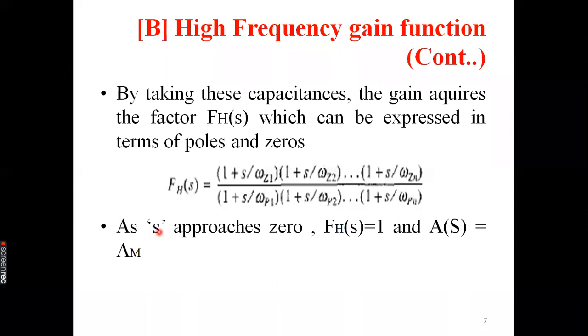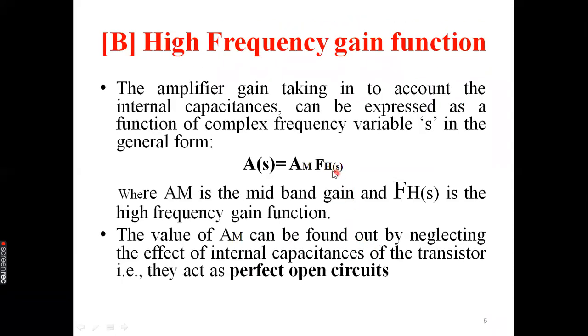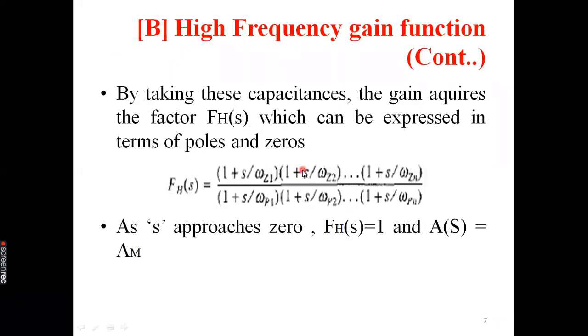So S is 0 means frequency F is equal to 0. For all DC signals, the high frequency gain function will be 1. If it is 1, then from this equation you can write A of S is equal to AM. Is that clear, students?